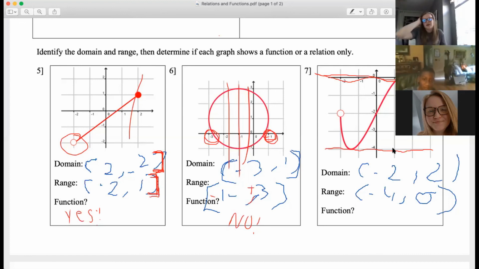Okay, perfect. Is this a relation of function? I'll say it is a function. Okay, can you tell me why it is a function?